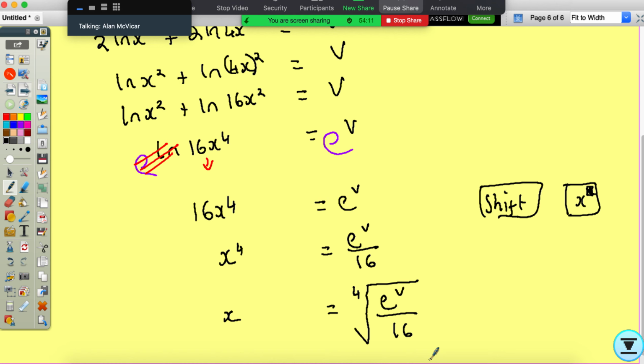Right, now, as I said, I want to explain why this works. I'm not going to ask you why it works. So see here, e to the power of ln 16x to the power of 4 equals e to the power of v. And what I've told you is these two cancel off and that drops down.